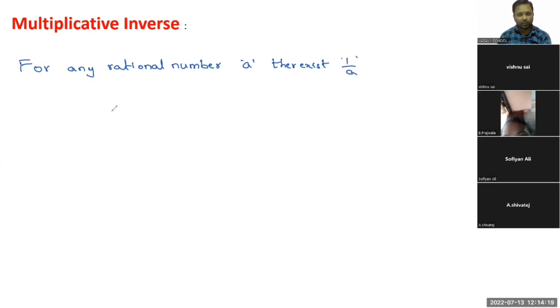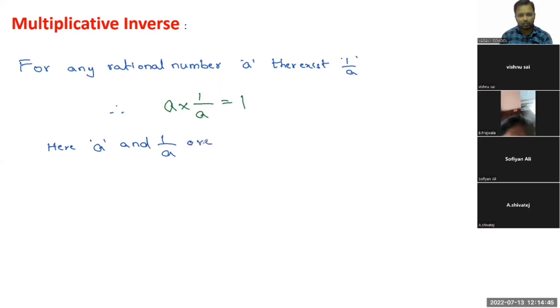Therefore, a into 1 by a equals 1. Therefore, what can we say about these two? We can say that a and 1 by a are called multiplicative inverses to each other.